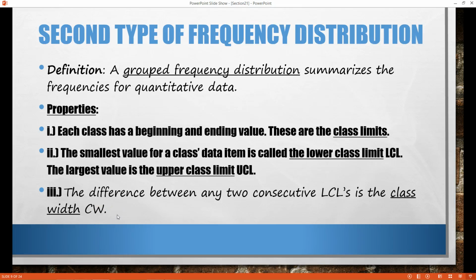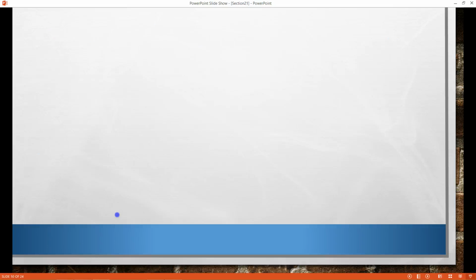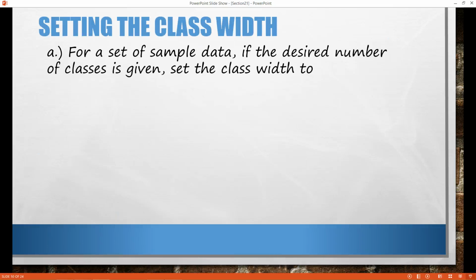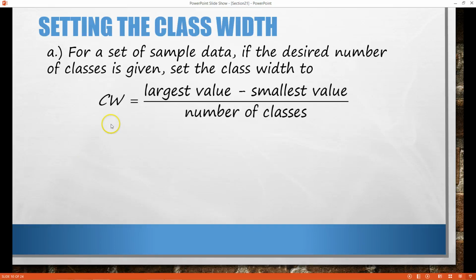All right. Now, let's say we have a set of sample data, and we want to determine what the class width would be. Let's talk about how we can go ahead and set that up. We can say that for a set of given sample data, if the desired number of classes is given, we set the class width to this. We take the largest value in the data set, subtract the smallest one, and then divide that by the number of classes.